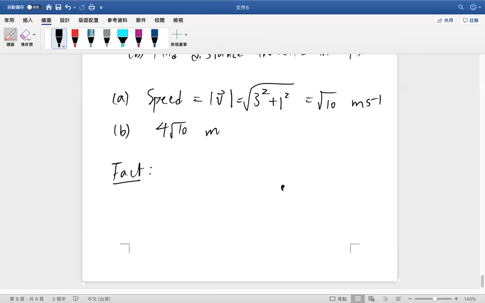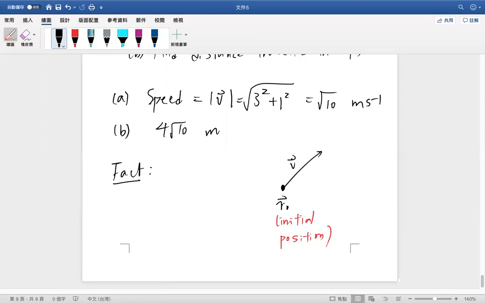This is the initial position, and then you're going in a direction with a velocity v.